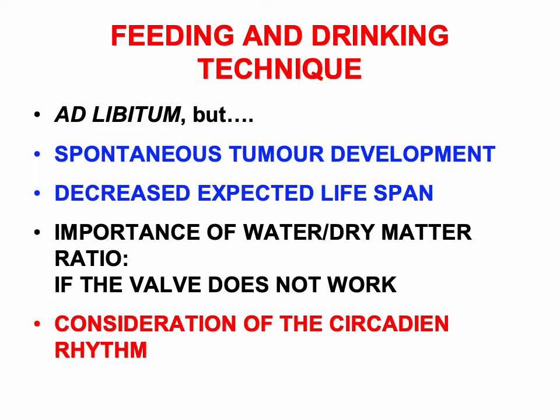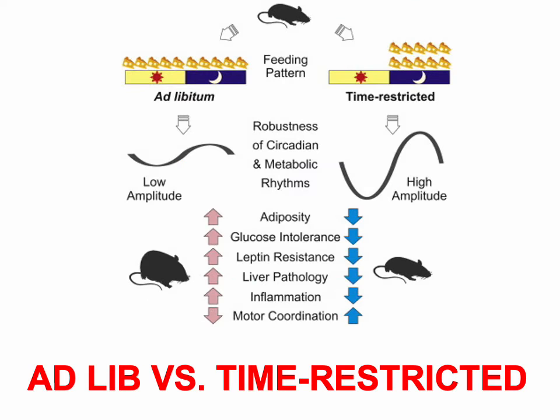The feeding and the drinking technique generally is ad libitum, but in this case the spontaneous tumor development and the decreased expected lifespan can be found. So it would be better to make a rationing. It is important the water supply, and we have to consider the circadian rhythm. Why? Because during ad libitum feeding we have a low amplitude of different circadian and metabolic rhythms.